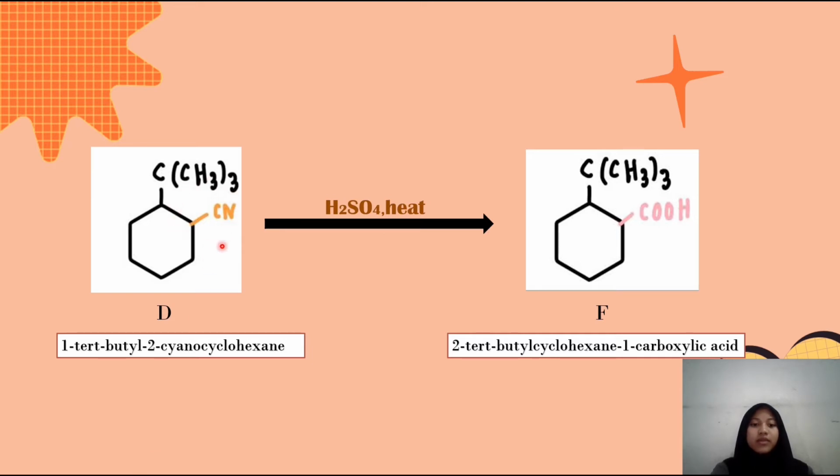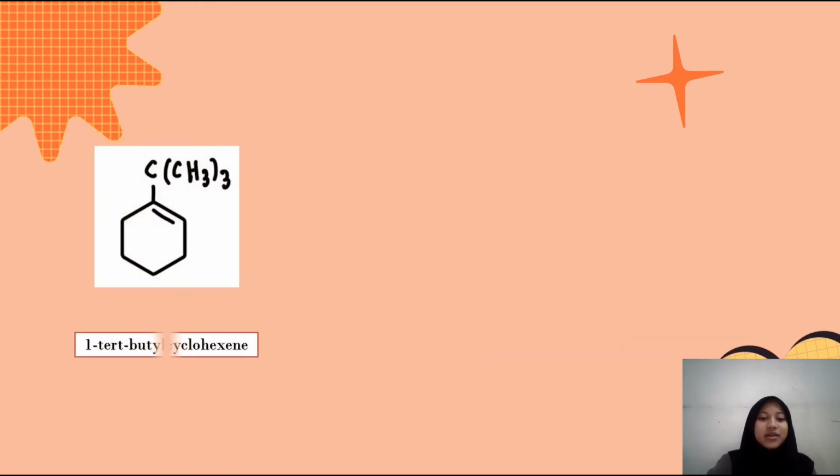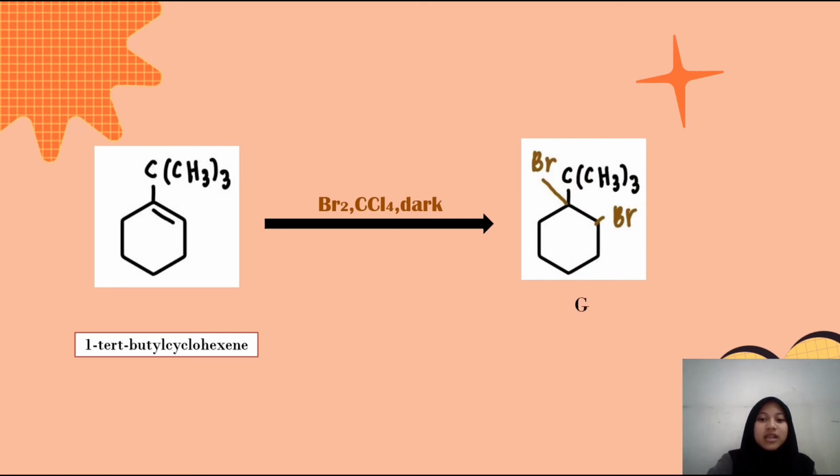So the CN from structure D has been replaced with COOH in structure F. Lastly, the first structure, 3-butyl cyclohexene, reacts with bromine and tetrachloromethane in the dark, producing structure G. The name for structure G is 1,2-dibromo-3-butyl cyclohexane. From this structure, we can see that the double bond breaks down and the two Br are attached to the cyclohexane in structure G.